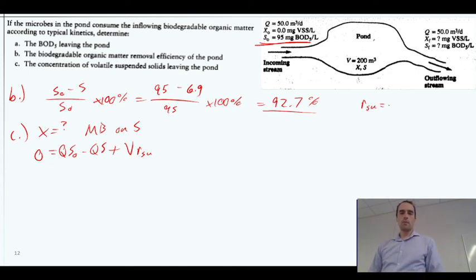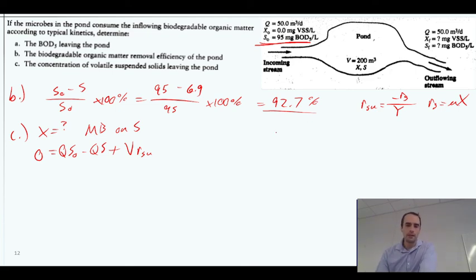So we have minus RG over Y, the amount of growth divided by the yield coefficient. That's where we get our substrate utilization. We know, of course, RG is mu times X.